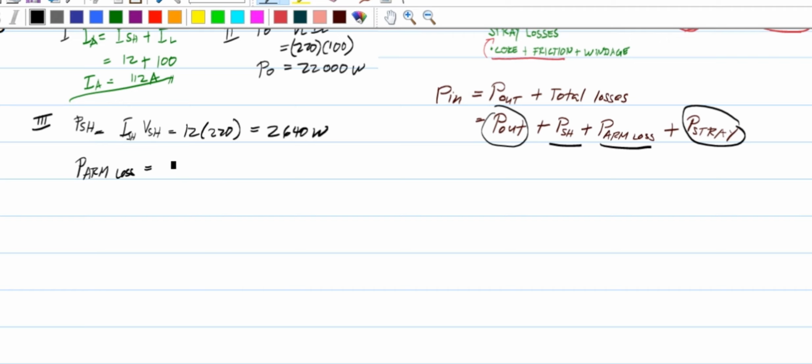The armature loss is equal to IA squared times RA. We have IA of 112 squared, RA of 0.055 ohms.